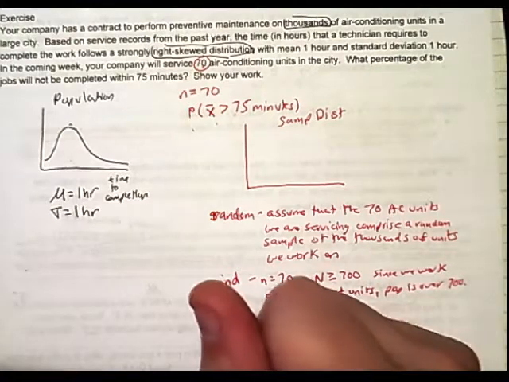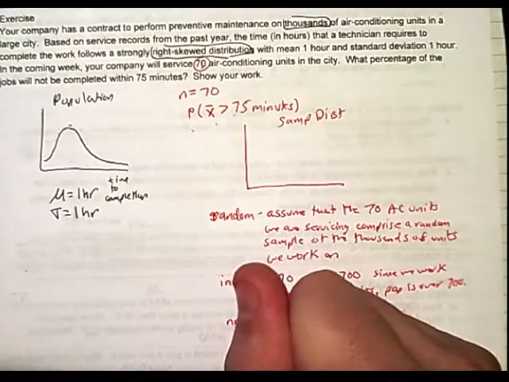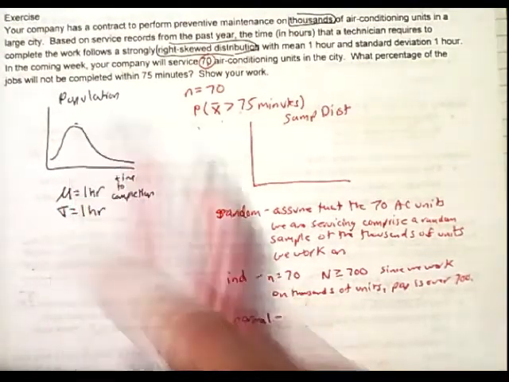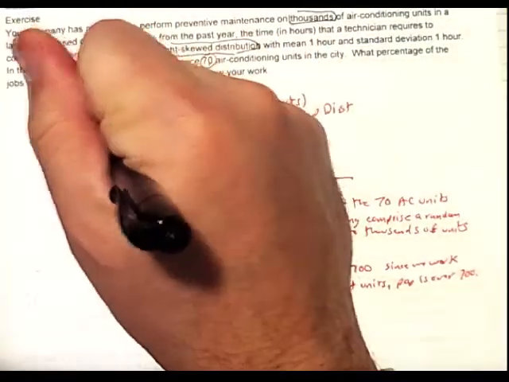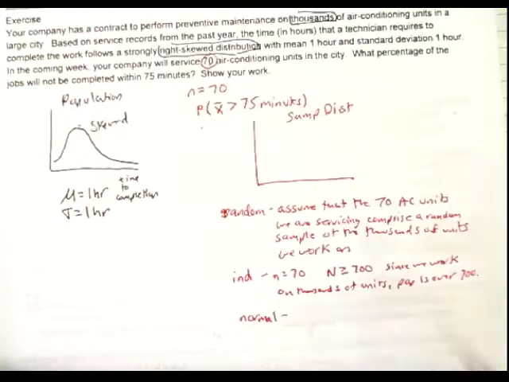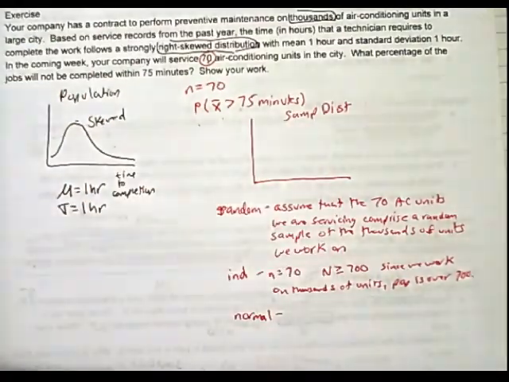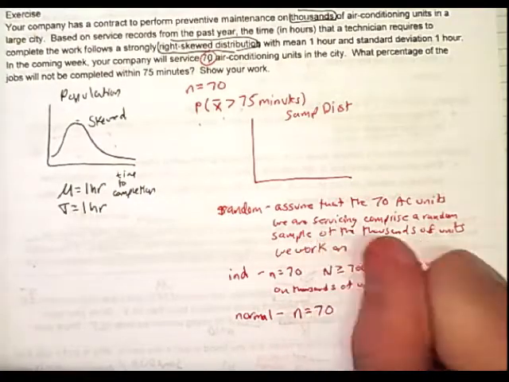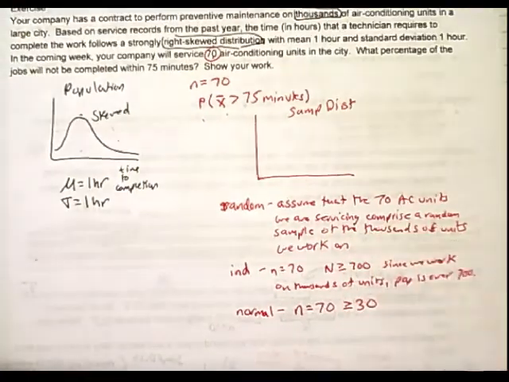And the last condition is the normal condition. All right. Now, the population is skewed. Why is this going to be normal? Well, here n equals 70, which is greater than 30.